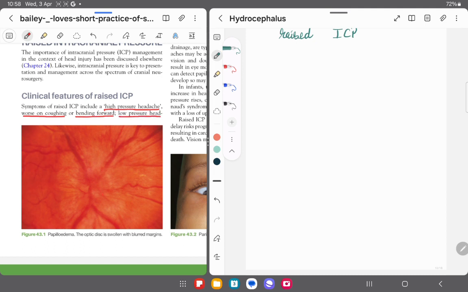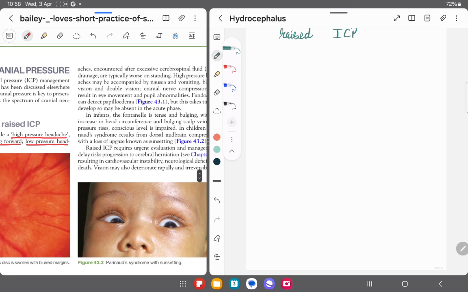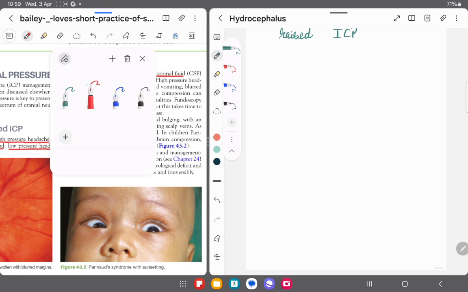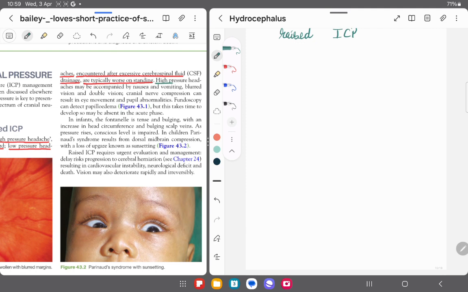Low pressure headache, encountered after excessive cerebrospinal fluid drainage, is typically worse on standing. High pressure headaches may be accompanied by nausea and vomiting.